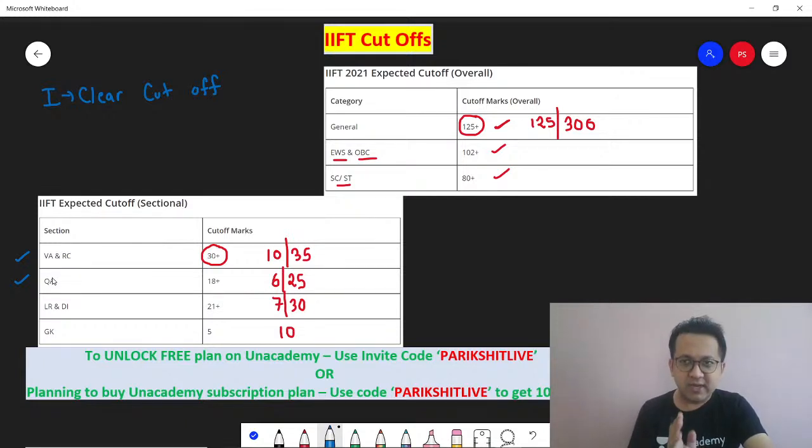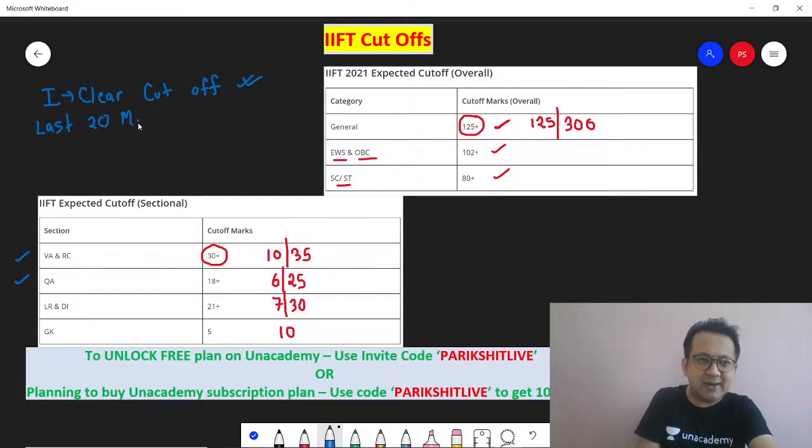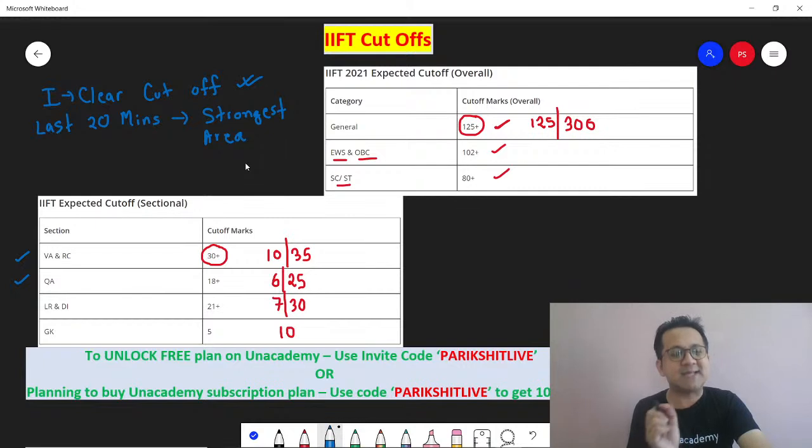Ideally, as toppers suggest, you first spend sufficient time clearing the cutoffs, and in the last 20 minutes you can come back to your strongest section, whichever is your strongest area, be it VRC, QA, or LRDI.